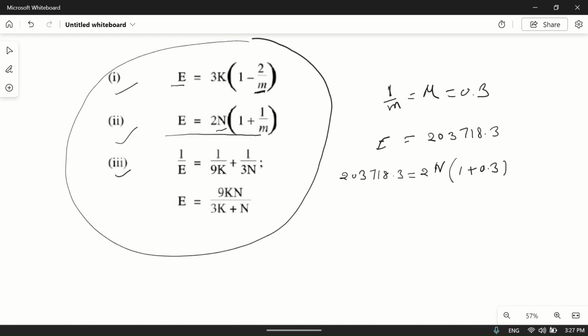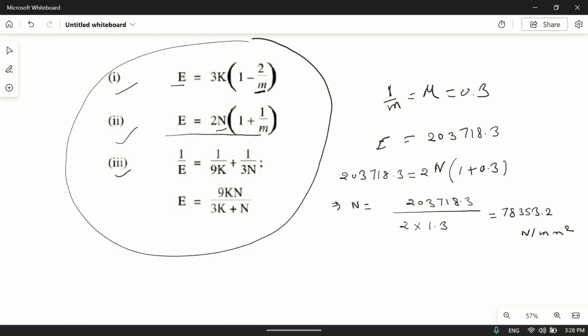So from here n is equal to 203718.3 divided by 2 into 1.3, which will be equal to 78353.2 Newton per mm square. So this is the value of n.